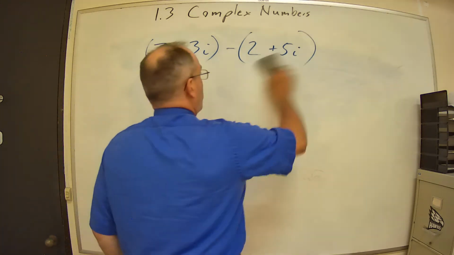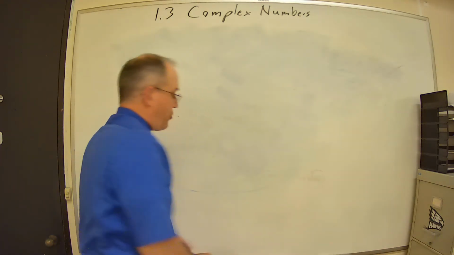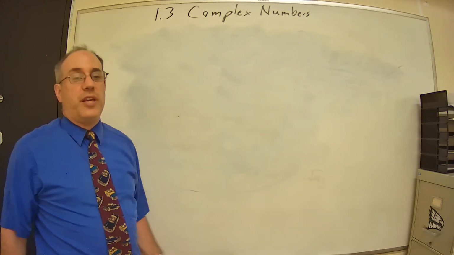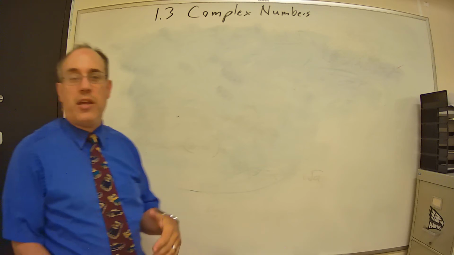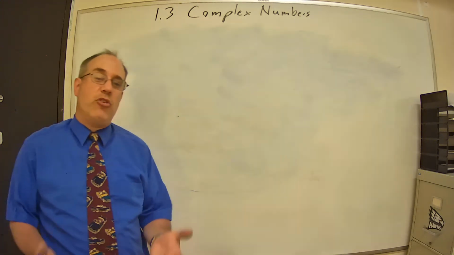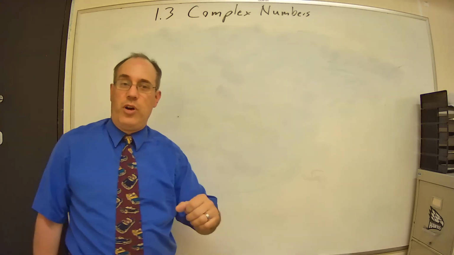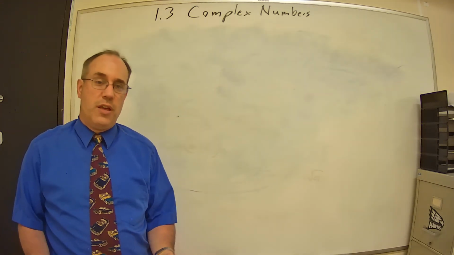If you can deal with adding and subtracting polynomials, and this is really just adding and subtracting binomials, then you can add and subtract complex numbers. If you can multiply binomials and do FOIL, and remember that i squared is equal to -1, then you can multiply complex numbers.